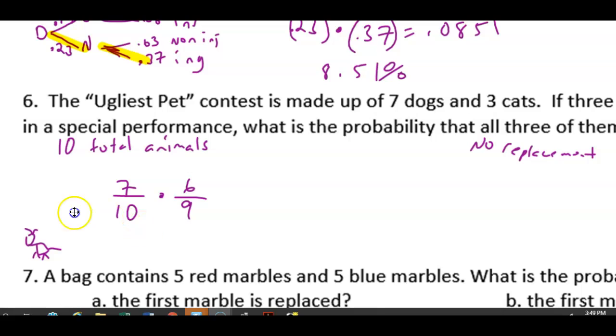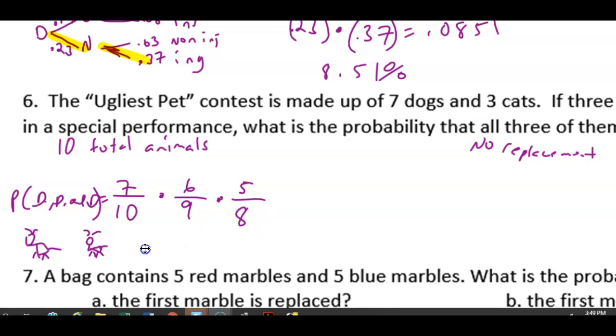By the way, I'm looking at the probability of dog, and dog again. Now I'm going to pull out another dog. Now there's only 5 dogs left, and only 8 animals left.